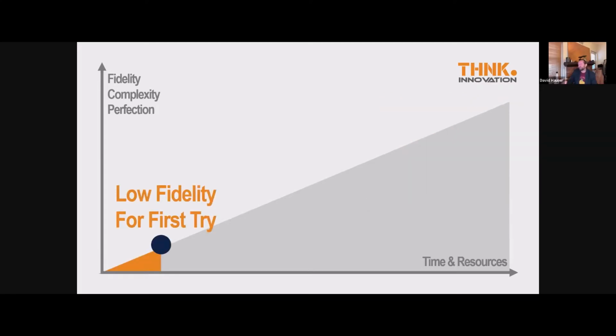So even after you have verified in the process that there is traction, that people really like the solution that you have for them, you still start with a very low fidelity, low complexity, and very imperfect prototype to get going in the first place, because you're still learning. I have an engineering background.